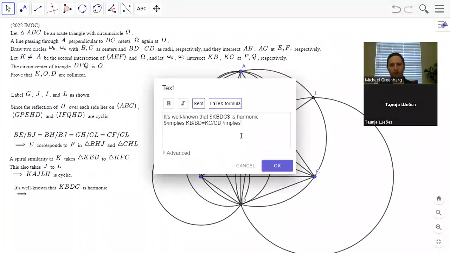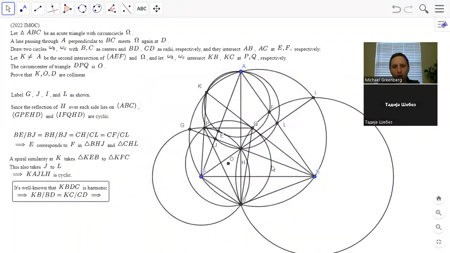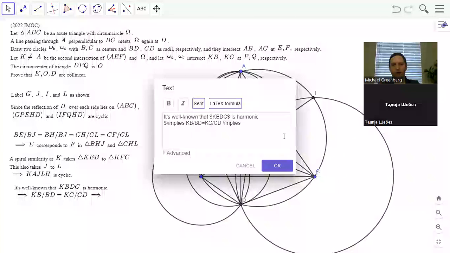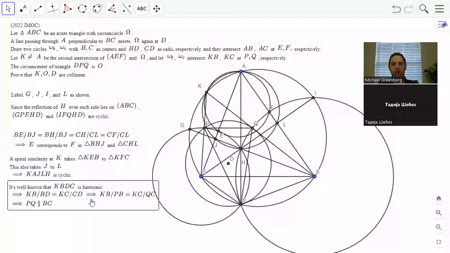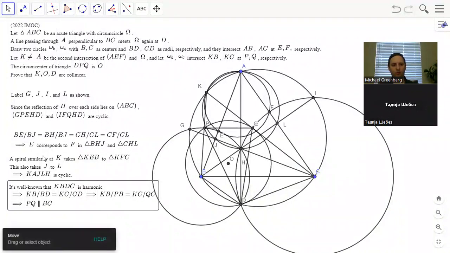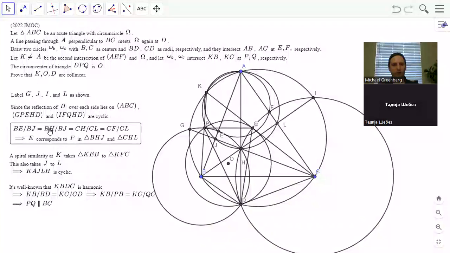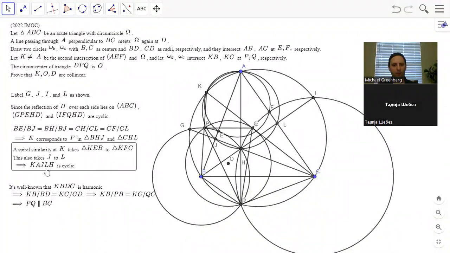And that means KB over PB equals KC over QC, which means that PQ is parallel to BC. And once we have this, that means that DH and DO are isogonal in angle PDQ.